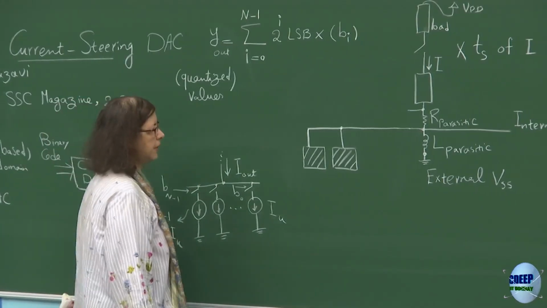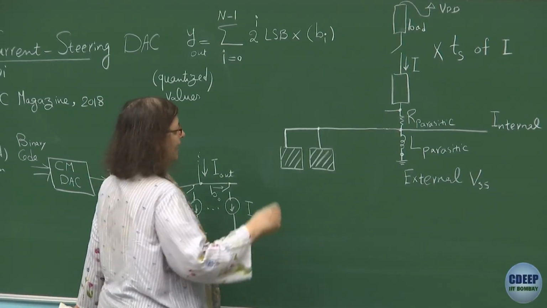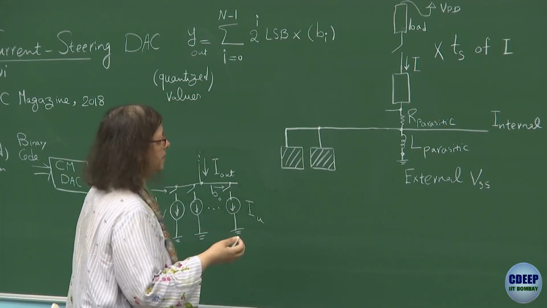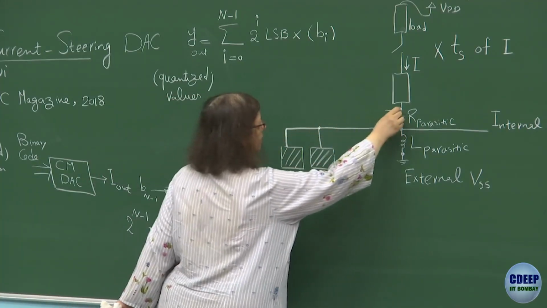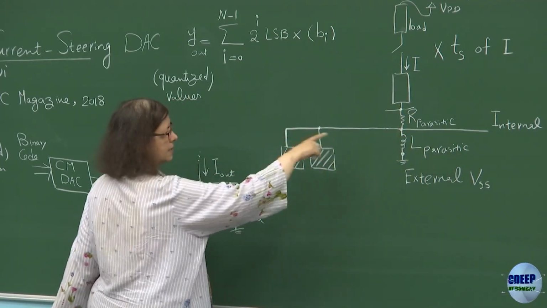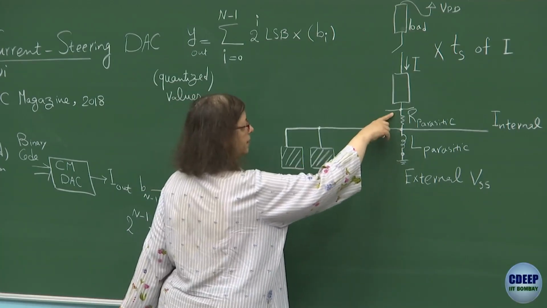Therefore, we always try, as much as possible, to create a kind of capacitance between all these internal VSS nodes. This is an internal VSS grid, and this is another local VSS.